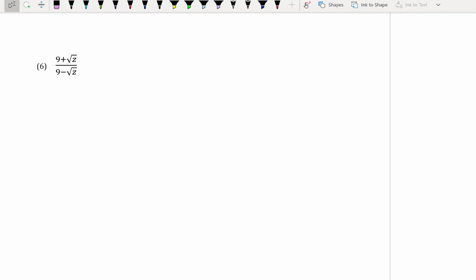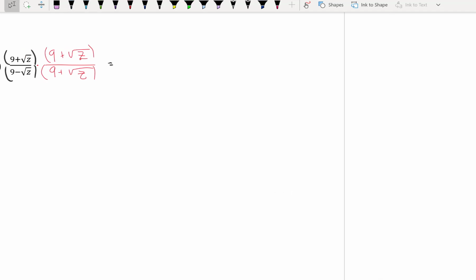Now let's look at number 6. Here I need to multiply by the conjugate. So that would be 9 plus the square root of z. So 9 plus the square root of z gets multiplied both in the denominator and my numerator. For this, what I'm going to do to help myself out is I'm going to work over to the side and I'm going to do a box method because that just helps me.